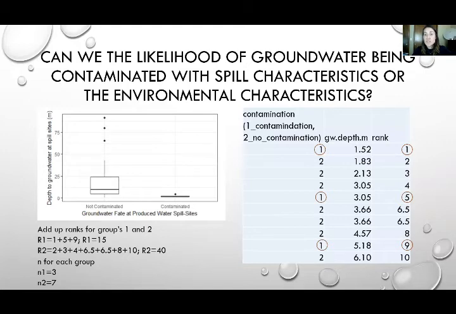And you would do this for all of your numbers until you got to the end of your data set. And one thing I need to point out here is something called ties. You can see that in the middle column, we have a value of 3.05 meters twice in a row. And so how would you rank that?